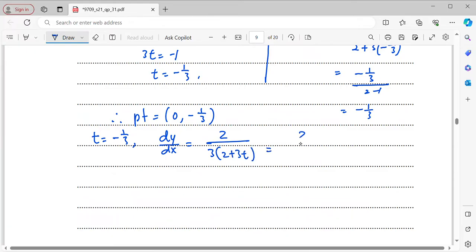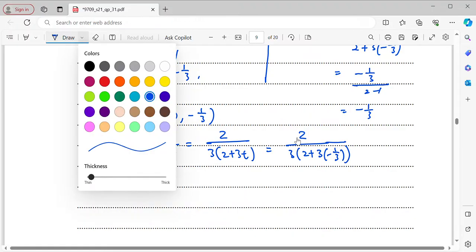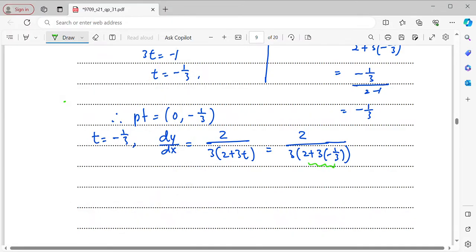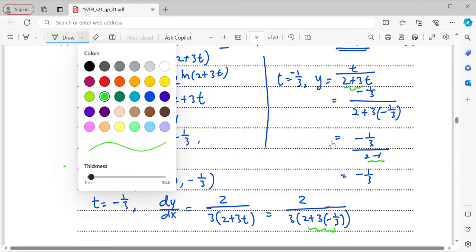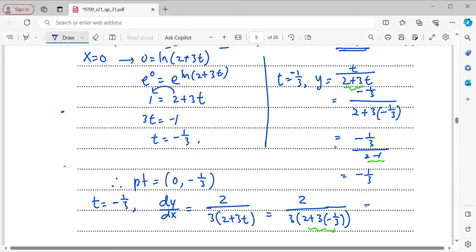So this is going to be 2 over 3 brackets 2 plus 3 times negative 1 over 3. Basically, the denominator here is the same as the previous, which is 1. So then I will get 2 over 3 for my gradient of the tangent.